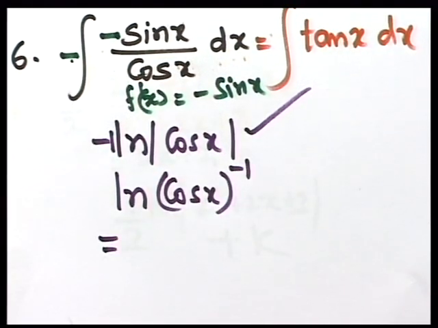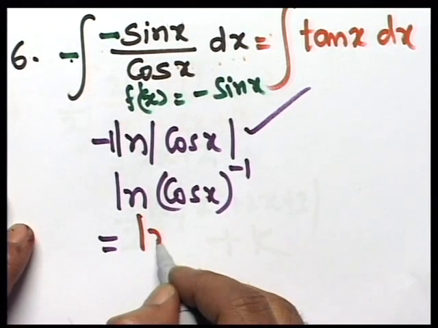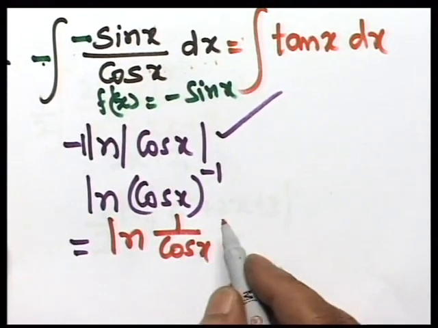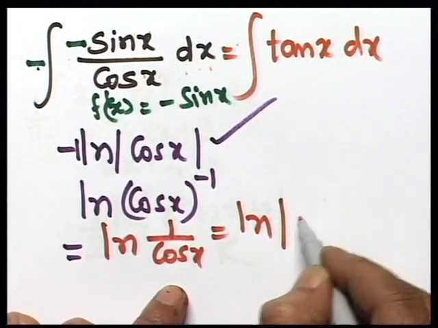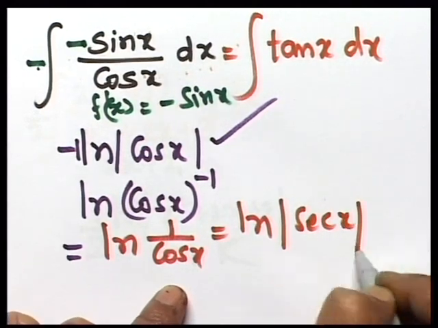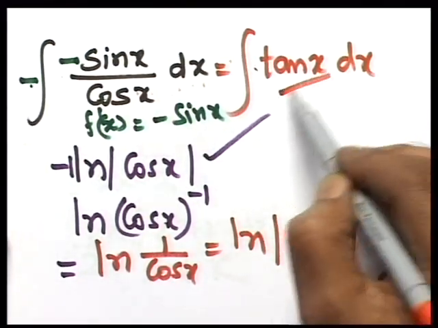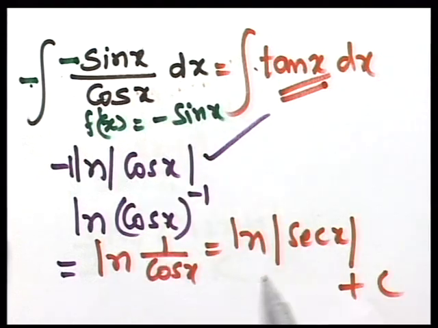What is inverse of cos, like cos to the minus 1, which is natural log 1 over cos, right? And we all know 1 over cos is actually sec theta. So that's a sec x and plus c. So the integration of tan x, a formula for that we found as ln sec x plus c.